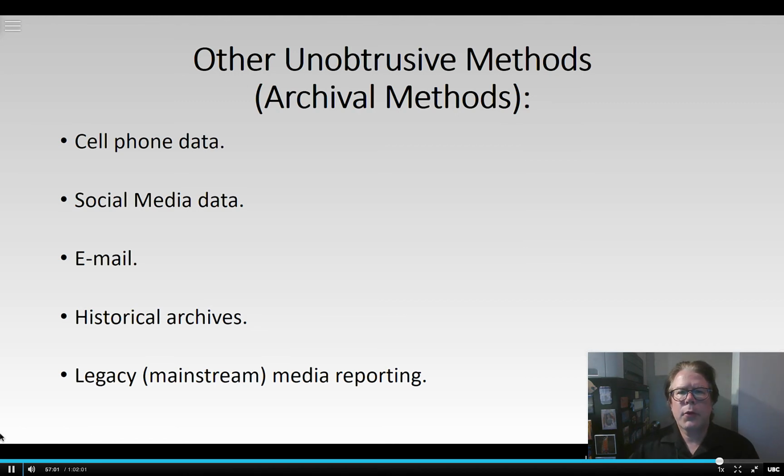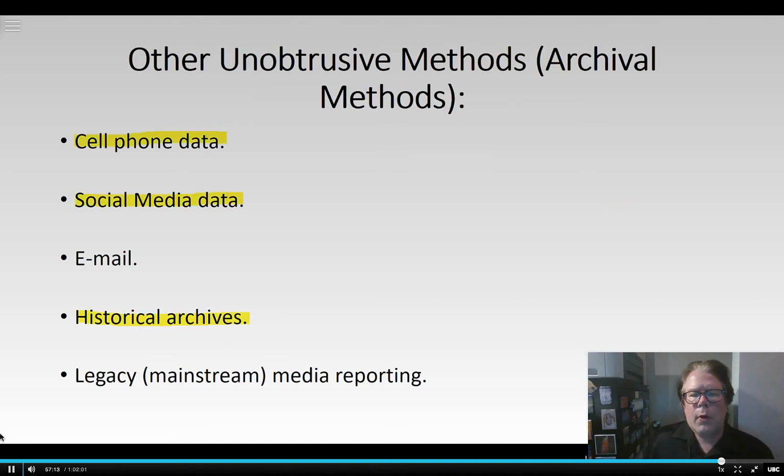Some unobtrusive methods include things like cell phone data, social media data, email data, historical archives, and legacy or mainstream media reporting. Now, in the context of thinking about epidemiology and the coronavirus, three things here are relatively important.